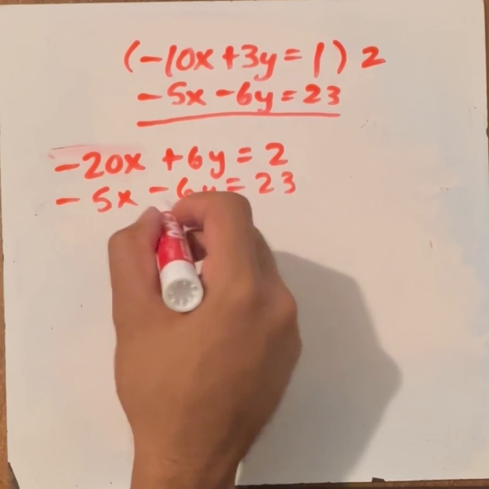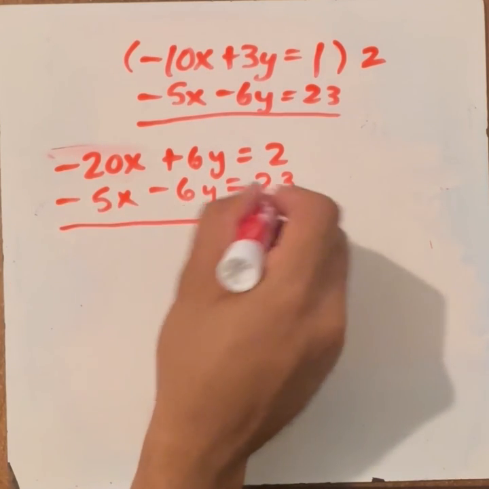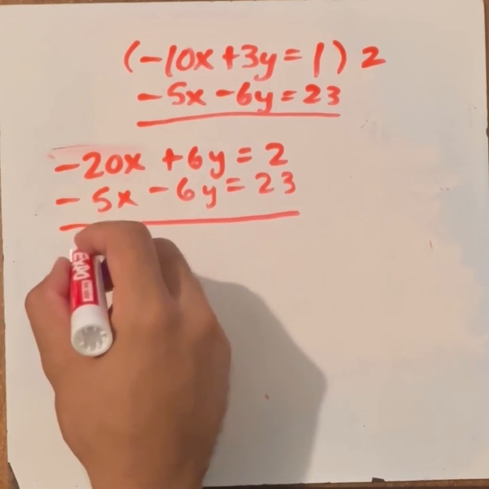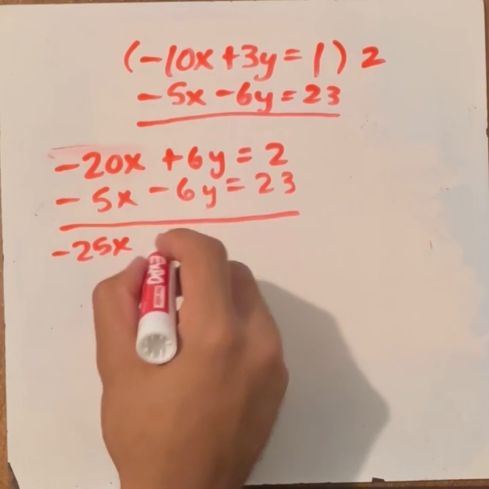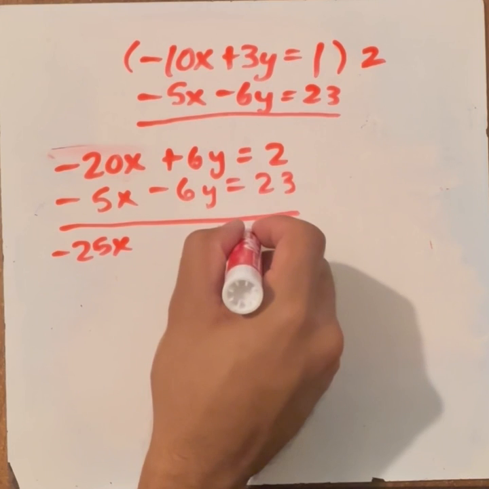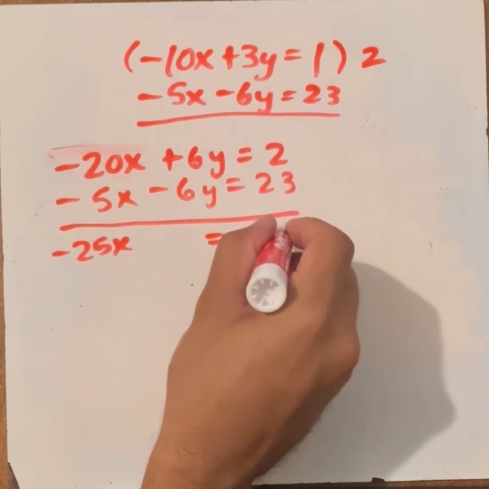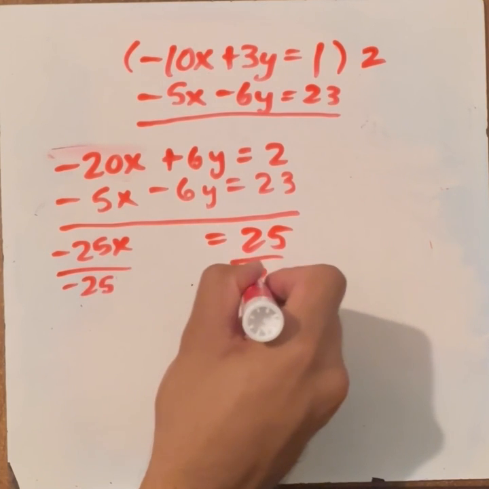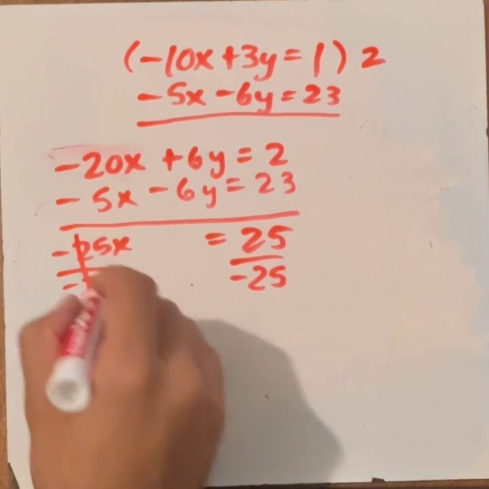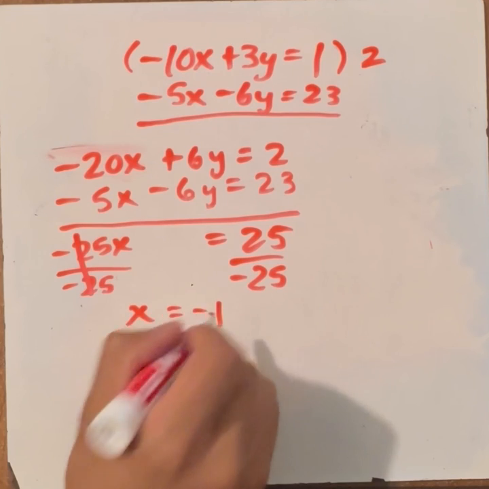Noticing that 6y minus 6y is 0, we would be able to eliminate that. So negative 20 plus negative 5 is negative 25x. 6y minus 6y is 0, and 2 plus 23 is 25. Okay. Dividing both sides by negative 25, we would get x equals negative 1.